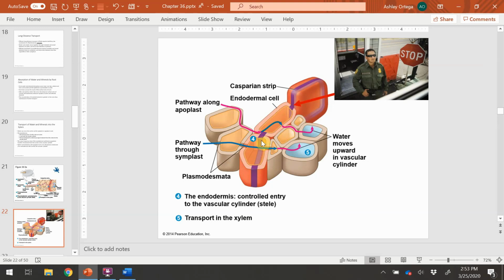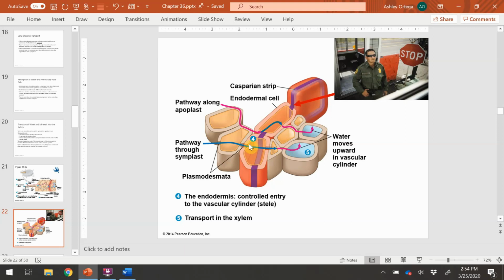And so when things hit the endodermis layer, for all things, they have to transport through the symplast. So it has to go inside the cell, go through the cytoplasm, then get checked, then go through the plasmodesmata onto the other side.